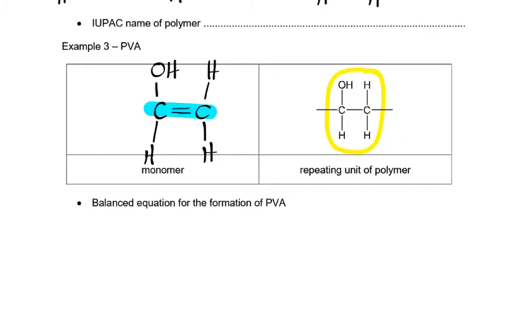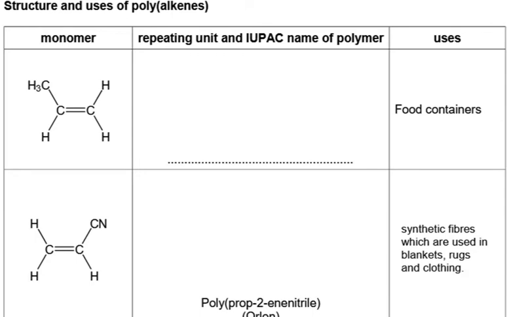Got some more examples in this table, and we're either going from the monomer to the repeat unit or vice versa. So in the first example we have a propene molecule. To draw the repeat unit, remember, just draw the monomer out again without the double bond, making sure you give it the trailing bonds going off.